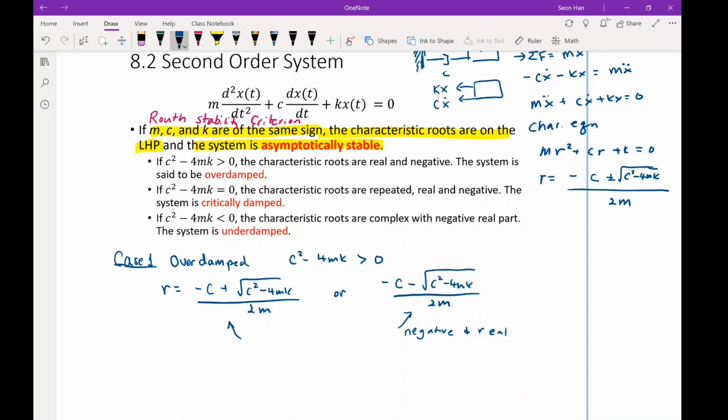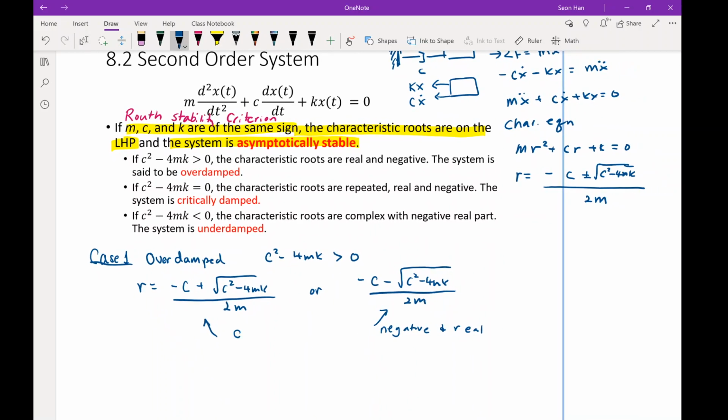Can you see that the other is also negative and real? You can plug in some numbers, making sure M, C, K all have the same sign. If I compare c and the square root of c squared minus 4mk, c is the bigger number. So a negative c plus a smaller number than c gives a negative number. So this is also negative and real.